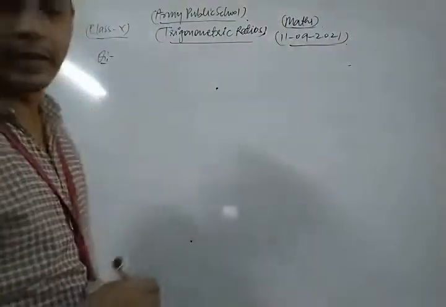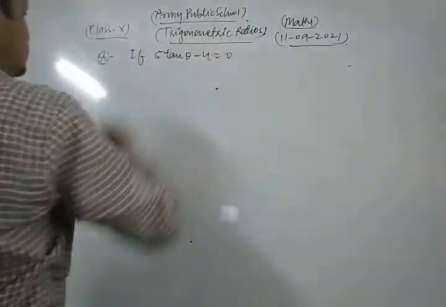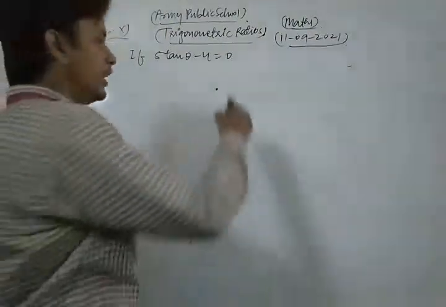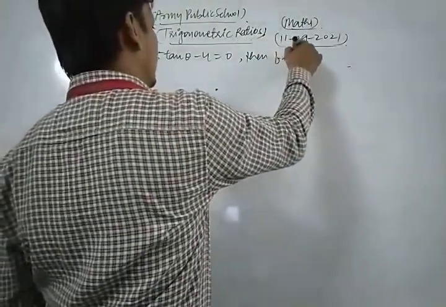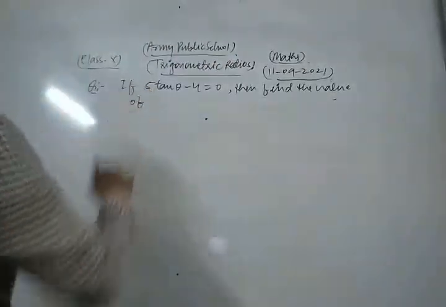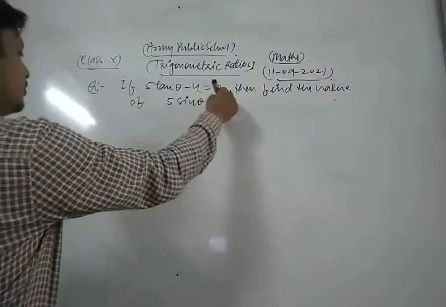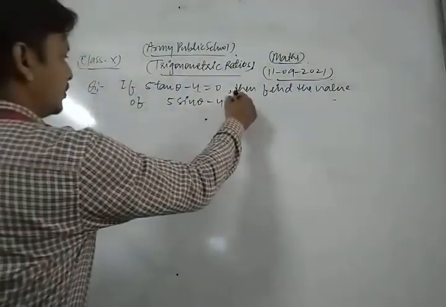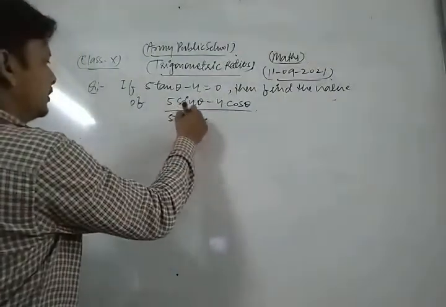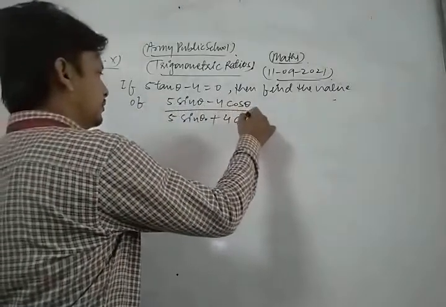And the question is: if 5 tan theta minus 4 is equal to 0, then find the value of (5 sin theta minus 4 cos theta) upon (5 sin theta plus 4 cos theta).